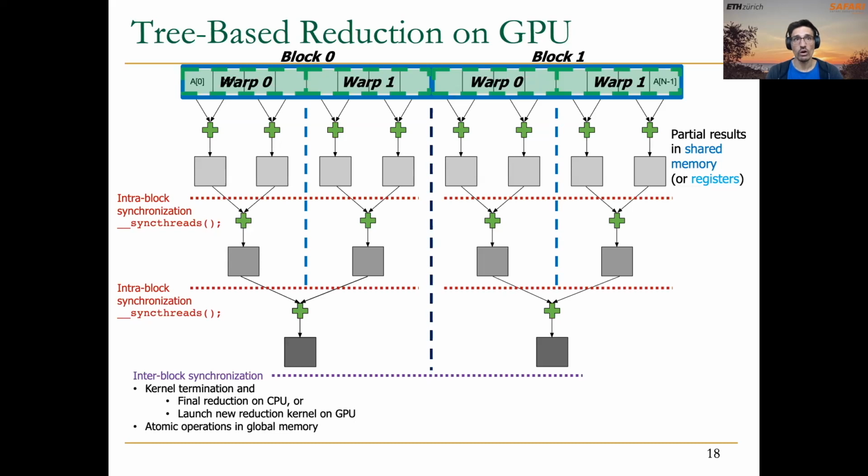And finally, one other way is to use atomic operations in global memory, because at this point here, we have a single value per thread block. We could have one thread per thread block accumulating this value into a global variable, an atomic variable in global memory, and we would only need 1 atomic operation per thread block.